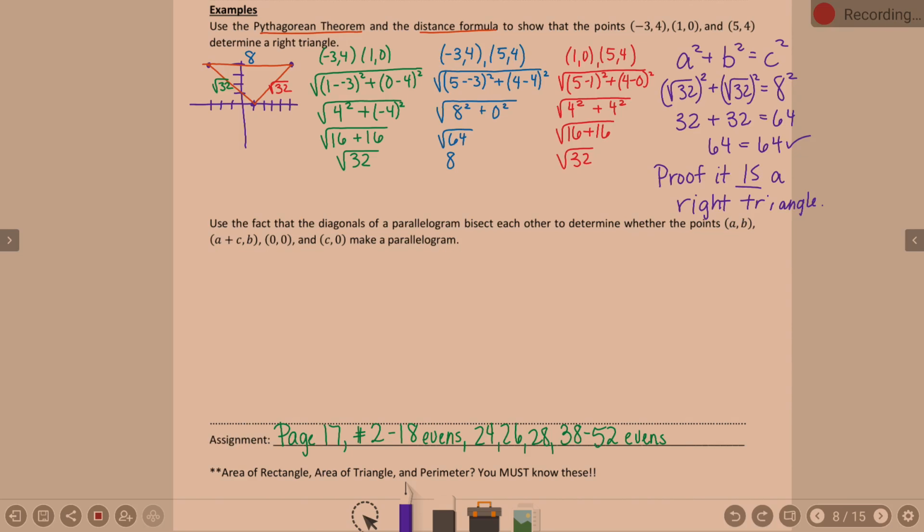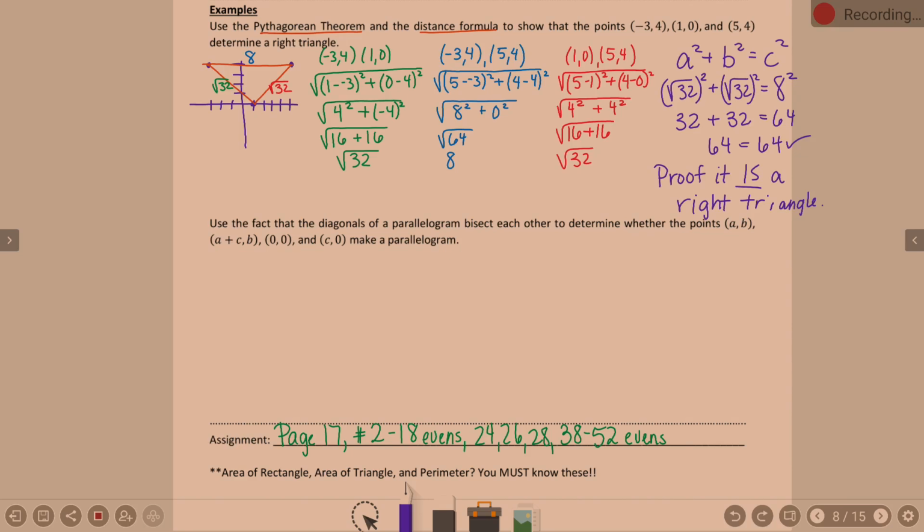Last problem. A little more geometry for you. Use the fact that the diagonals of a parallelogram bisect each other. Do you remember the word bisect? They cross equally, like the center is the center for both of them where they cross. When they bisect each other, they're cutting each other in half.